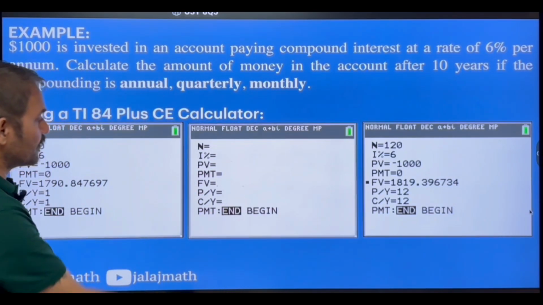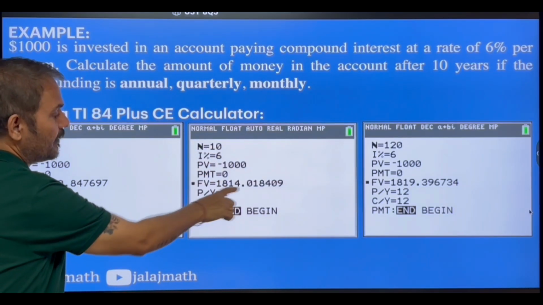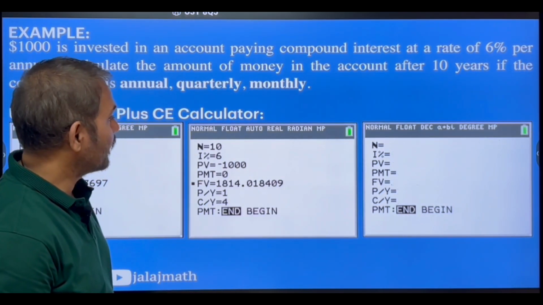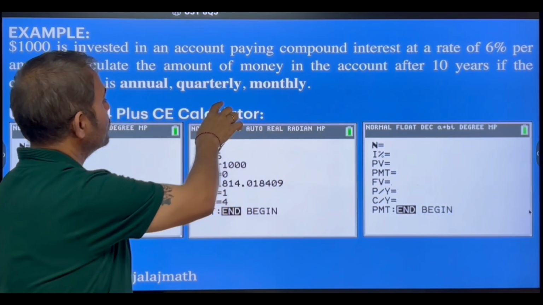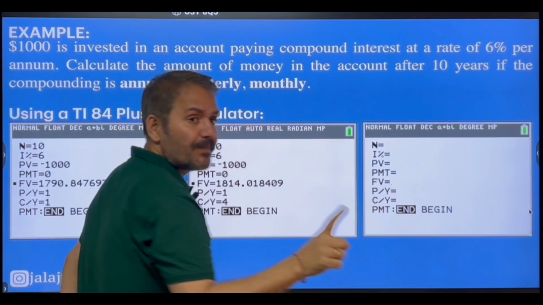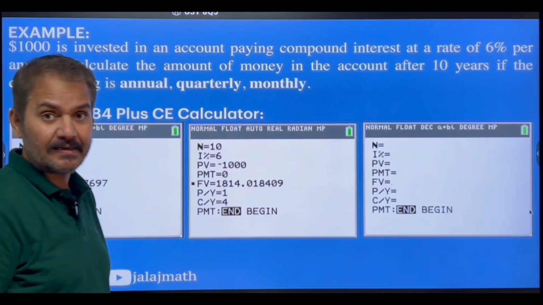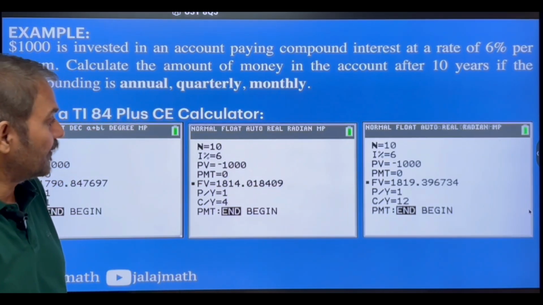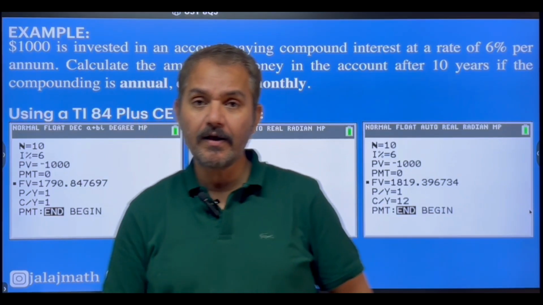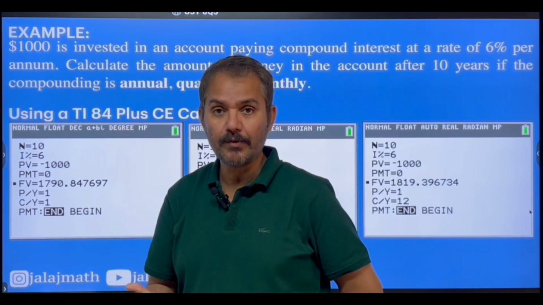So it is 1, 4 and N remains 10, and you will get the same answer. Similarly, when it is monthly, you can make C/Y 12, keep P/Y 1 and time can remain 10. So you will get the same answer here also. This is how we can use a graphic calculator to calculate compound interest.